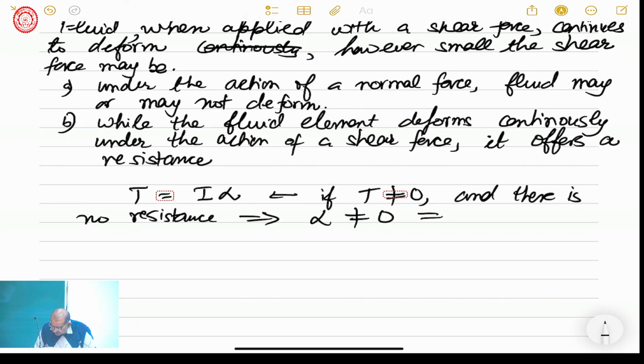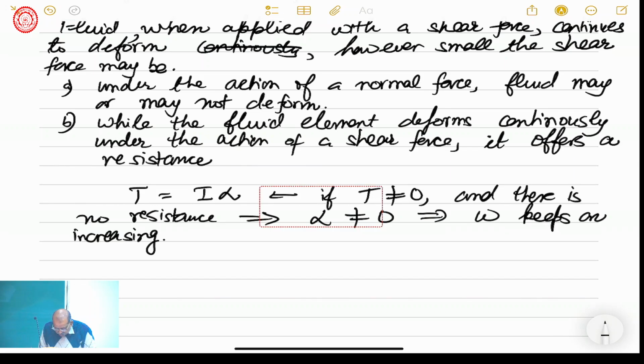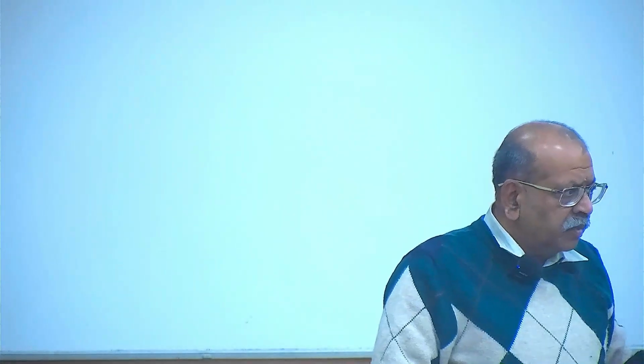And this will imply that omega keeps on increasing. Okay, if alpha is not 0, just think of a simple case. If alpha is constant, omega will be alpha t.